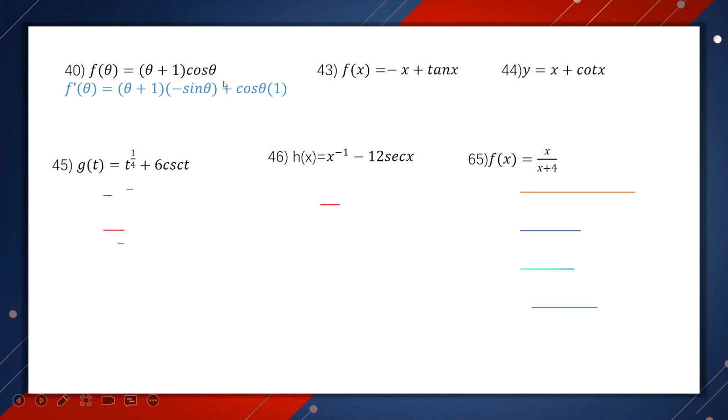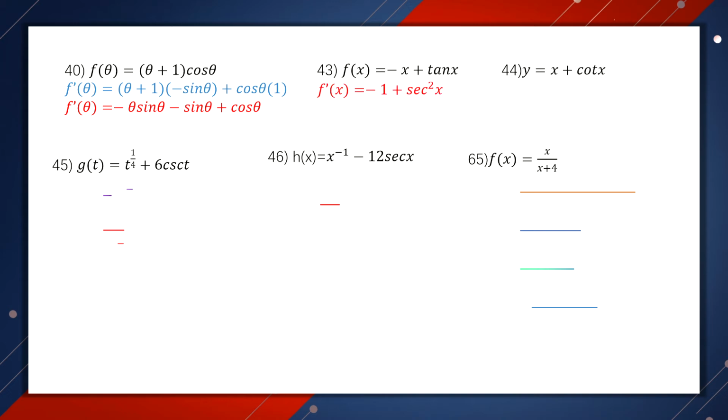So there is the derivative of cosine and there is derivative of x. So x becomes 1 and cosine x becomes derivative cosine x equal to negative sin x. So in the next step is just to simplify it. So it becomes negative x sin x minus sin x plus cosine x.